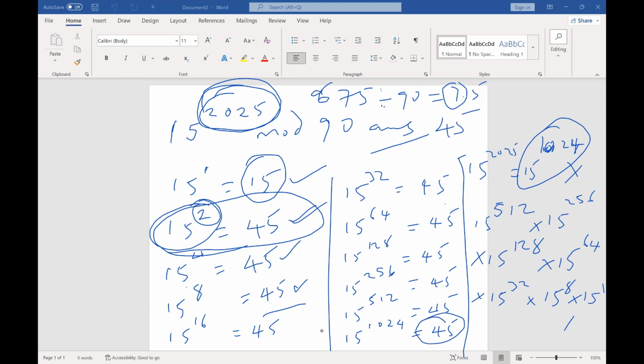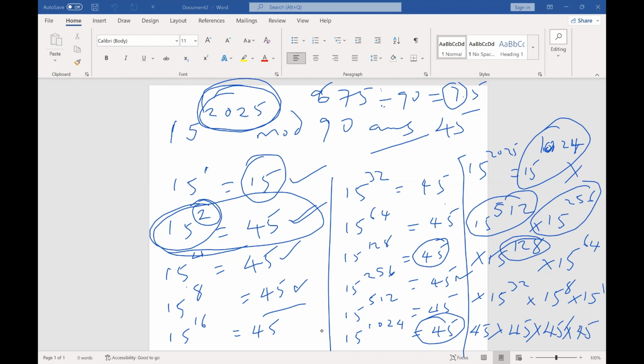So that means 45 times this number here was again 45, times this number here was again 45, times this number, 15 raised to 128, was again 45, times 15 raised to 64 was another 45.